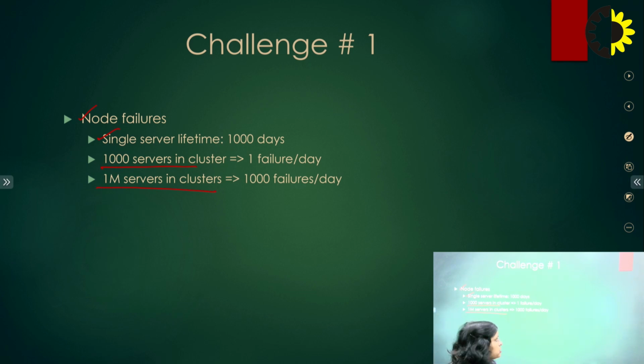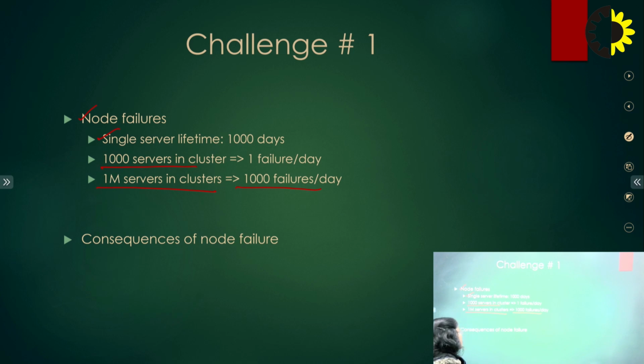If it has 1000 servers in a cluster, in a day one failure can occur, meaning one system can stop working. If it has 1 million servers in a cluster, then the rate of failures is high, almost around 1000 failures per day.